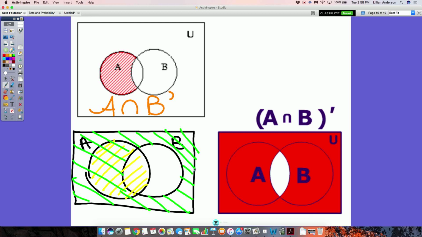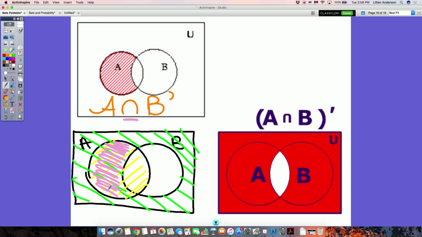So the yellow represents A, the green represents not B, and now it's asking me to find the what? The intersection. The intersection is where they have in common, where they overlap. So the yellow and green overlap right there.